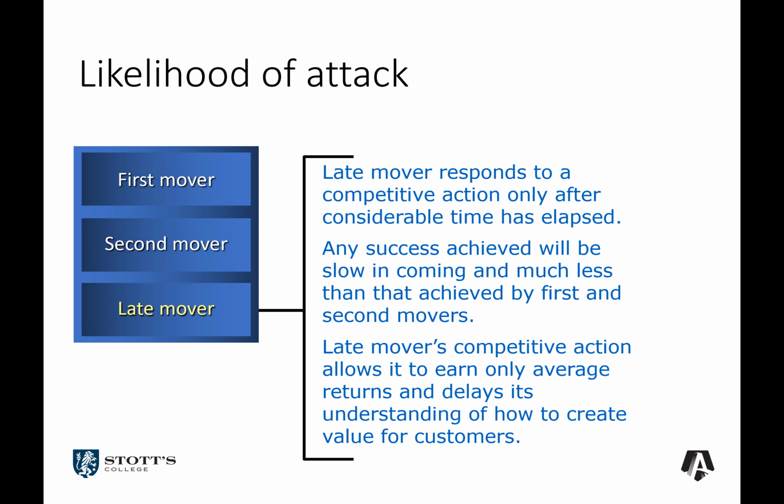So sometimes late movers are de facto seen as incredibly intelligent because the first and second mover have gone into a downward spiral of competition, and that's affected their profitability and their ability to sustain competitive advantage, or they've offered something that the customer is unwilling to value. And the late mover, even though they haven't made early returns, may be the last company standing.